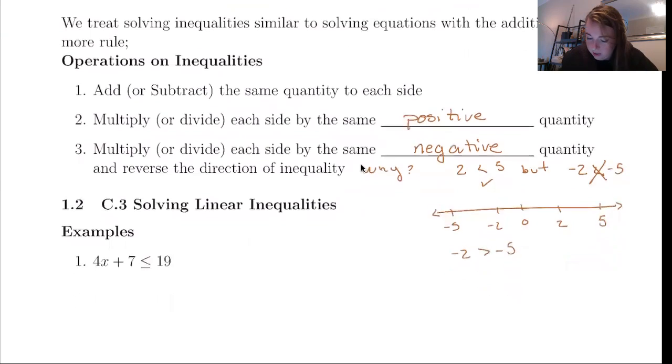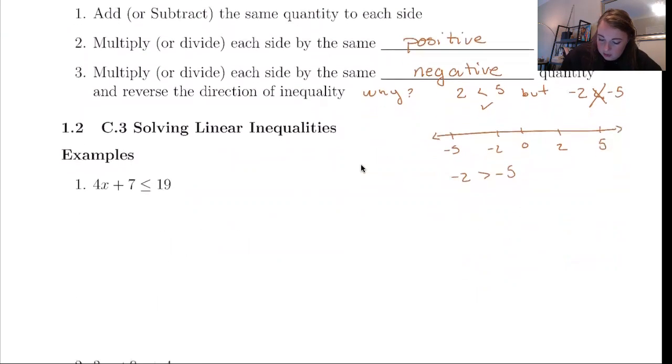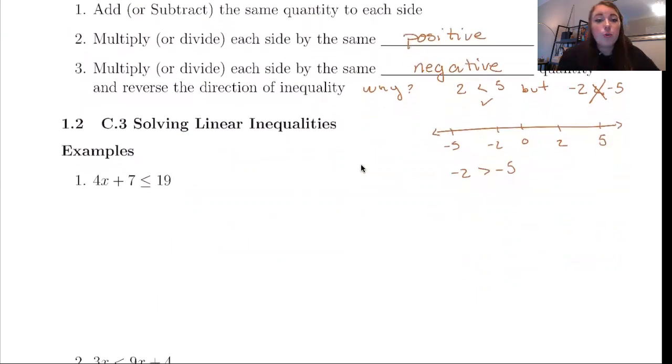Okay. So for example, we're doing 4x plus 7 less than or equal to 19. Similar to linear equations, instead of writing an equal sign, we're just going to keep this less than or equal sign, but I'm still going to work it like a linear equation we talked about in C.1.